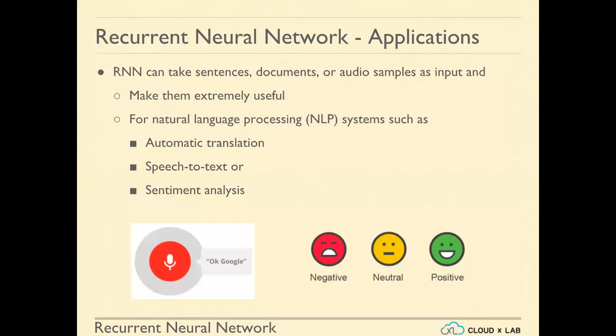And natural language processing systems such as automated translation, speech to text, or even sentiment analysis, there are many examples of RNN. There is something called auto reply, a paper from Google in which they have used RNN in order to predict what to suggest next.